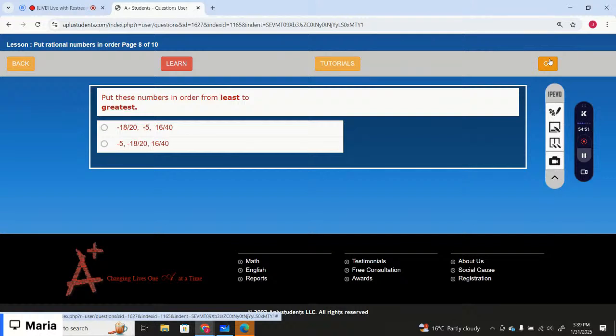Put these numbers in order from least to greatest. So which is the correct option?